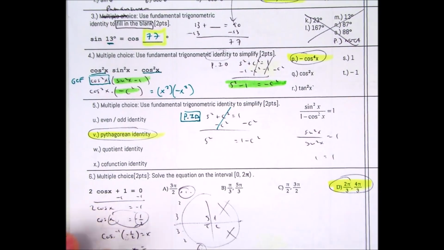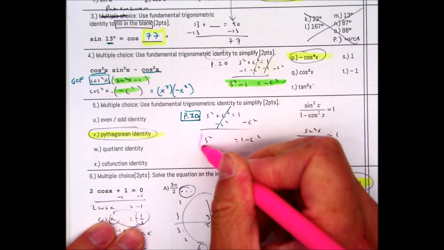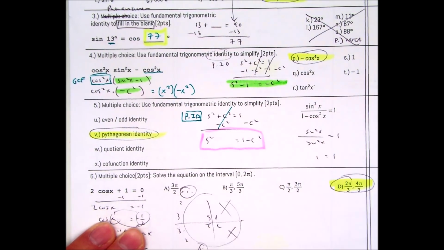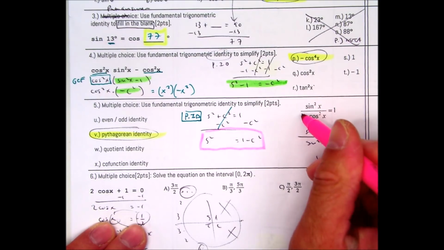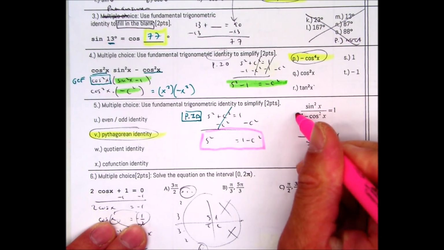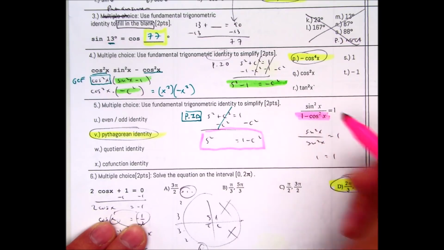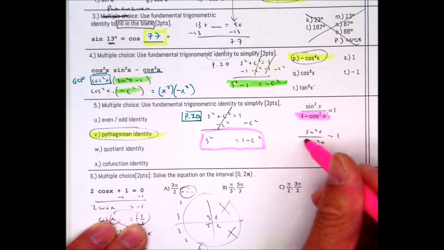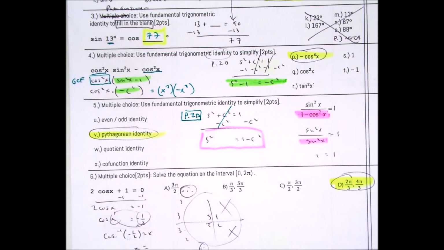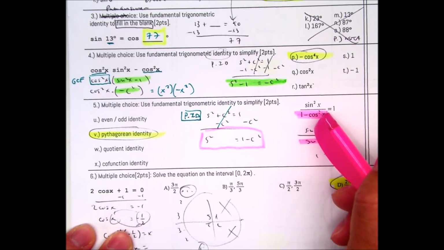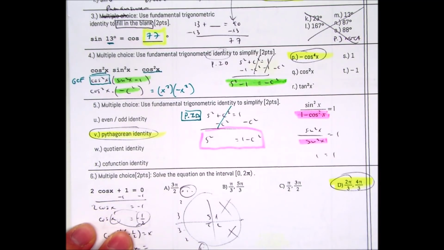This will cancel. And then I'm left with sine squared equals 1 minus cosine squared. So there's my substitution. I see 1 minus cosine squared x, and I'm going to replace that with sine squared x and simplify that. I can cancel, and you're left with a 1.